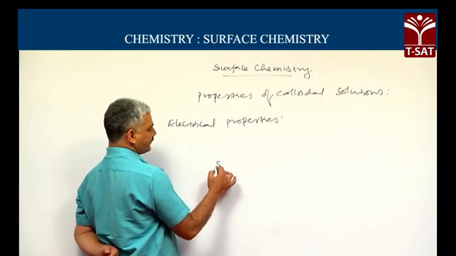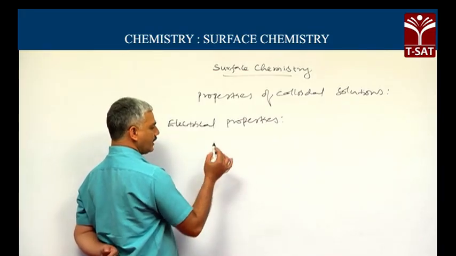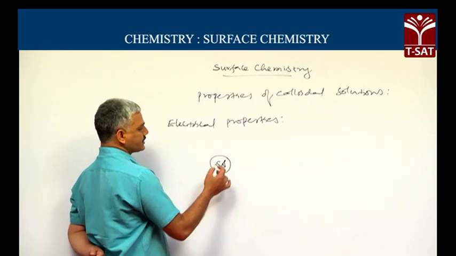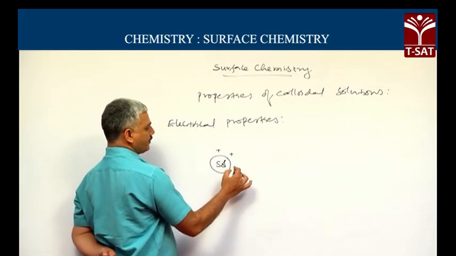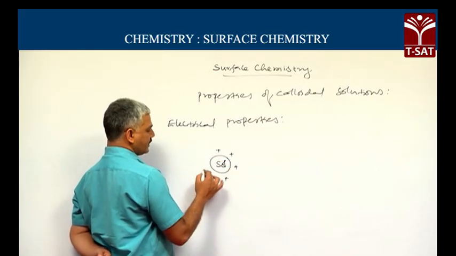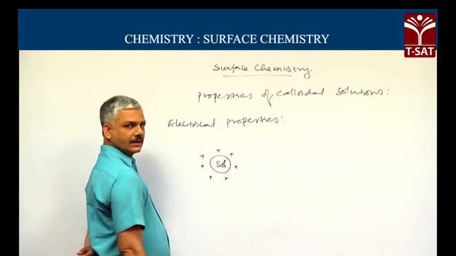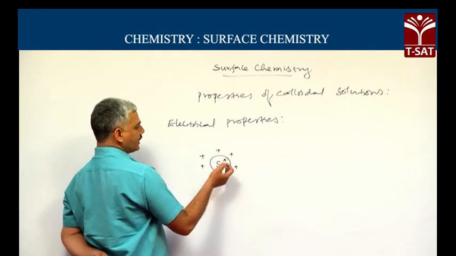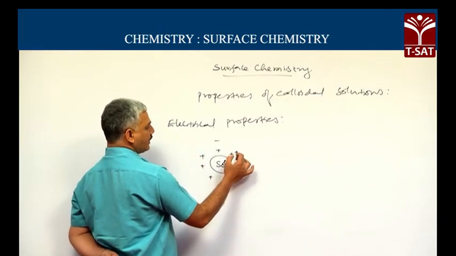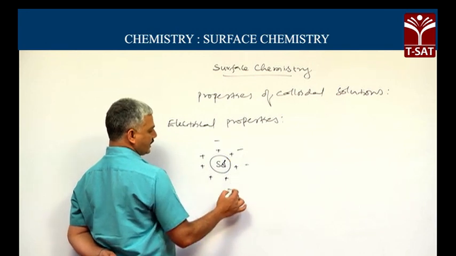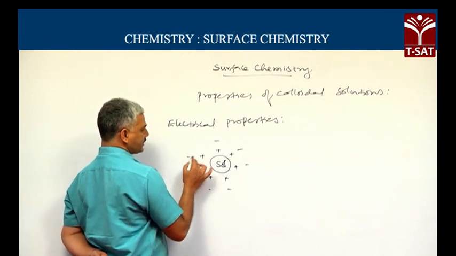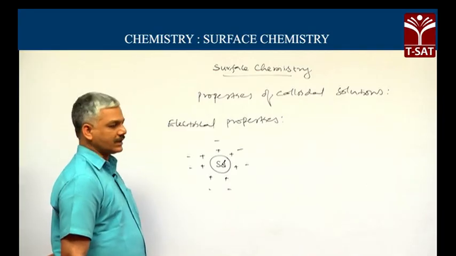Suppose a colloidal particle attracts positive charge on its surface. Then spontaneously opposite charged particles are attracted towards that first layer.